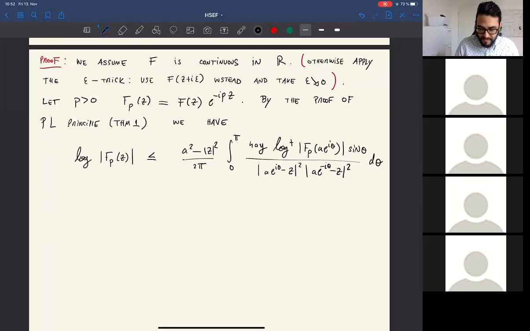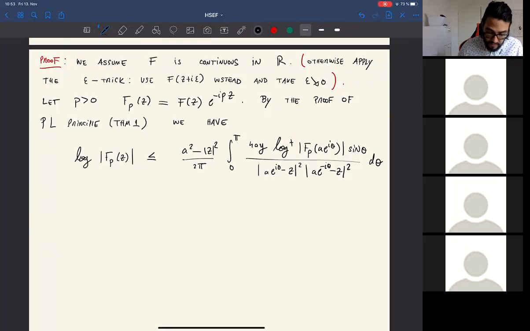We actually then later put the f plus here anyway, but this is the one we deduced. While I'm using this p, this little p is just a trick, so when I send p to 0, I can remove the plus on the log. And then we'll have an inequality just for f, the same one, but without the plus on the log.